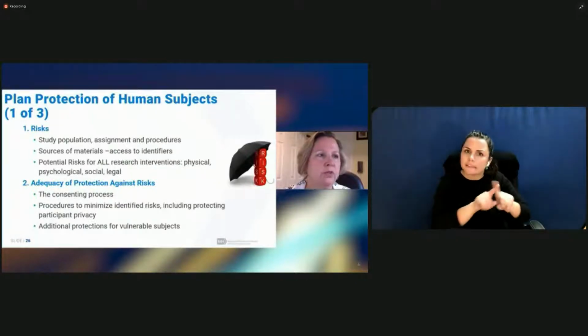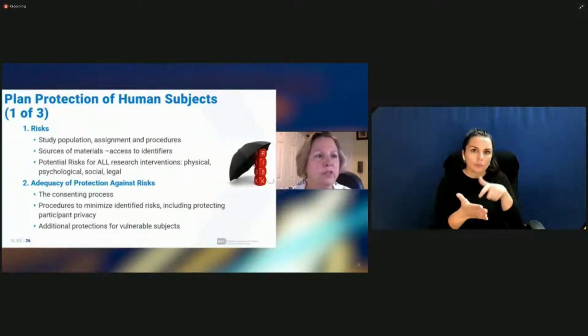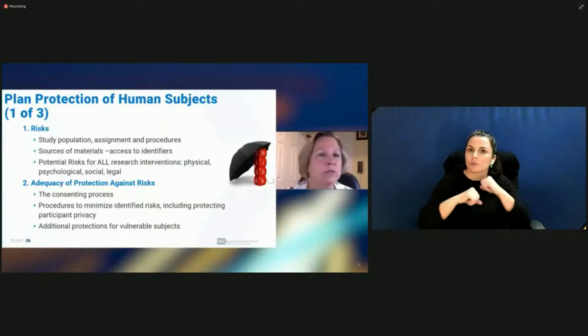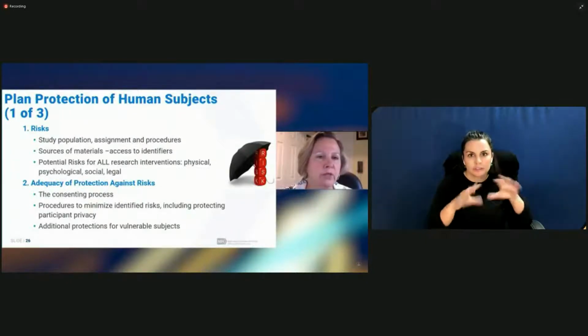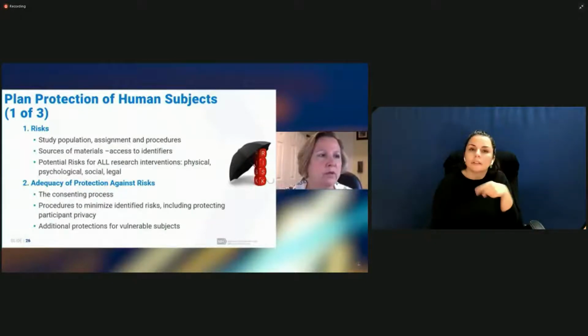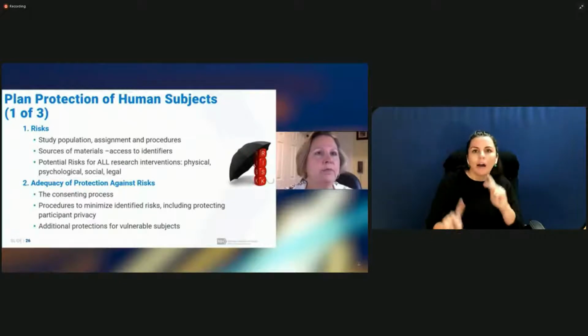This would also include protecting the participants' privacy. And then there is a requirement that you have additional protections if you're going to involve any vulnerable populations. Vulnerable populations would include groups such as pregnant women, prisoners, institutionalized individuals, children, and any others who would be considered vulnerable.